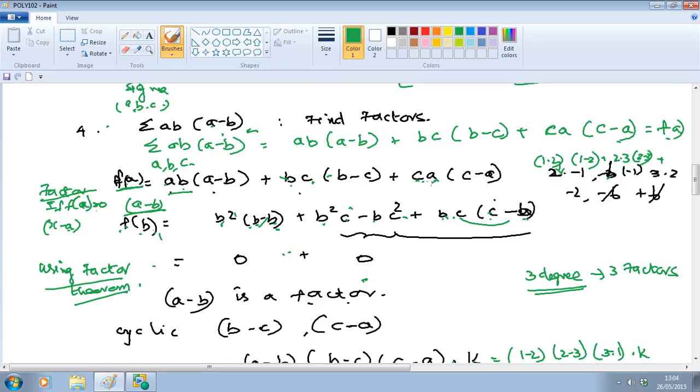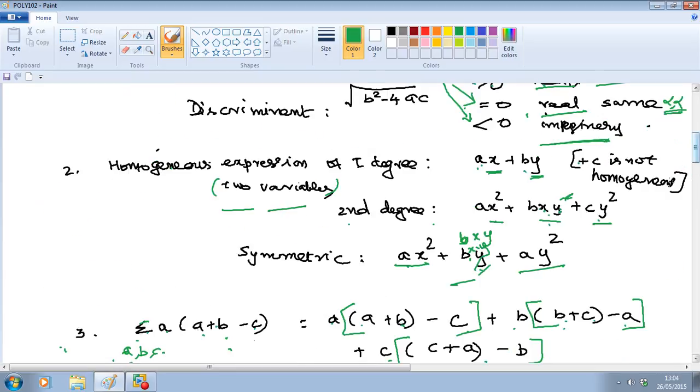Next plus ca is 3 multiplied by 1, c minus a is 2. This is 3 multiplied by 2 is 6.